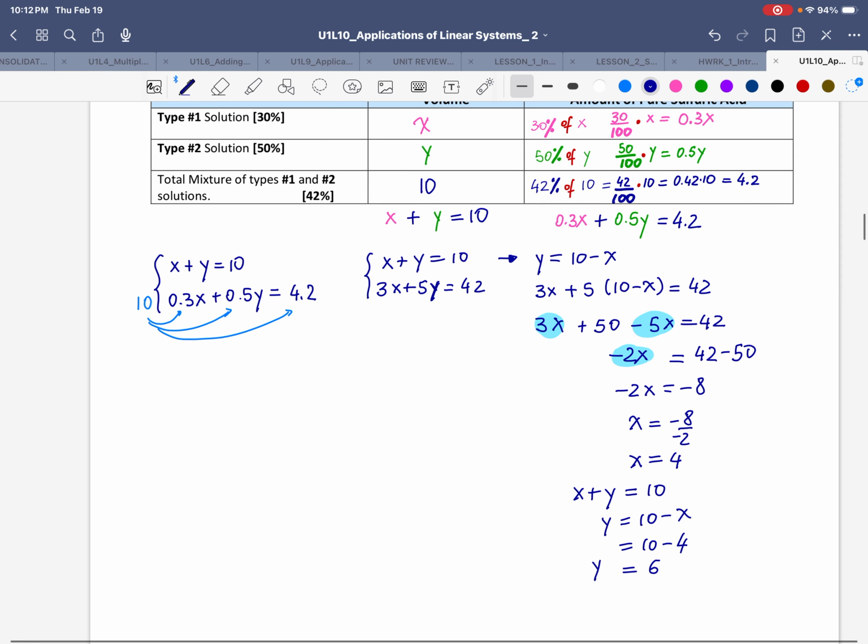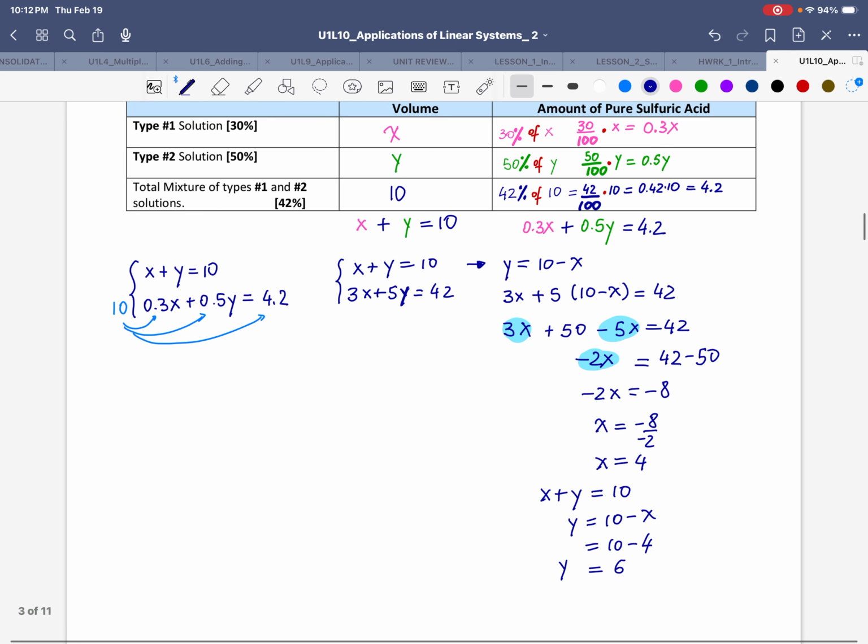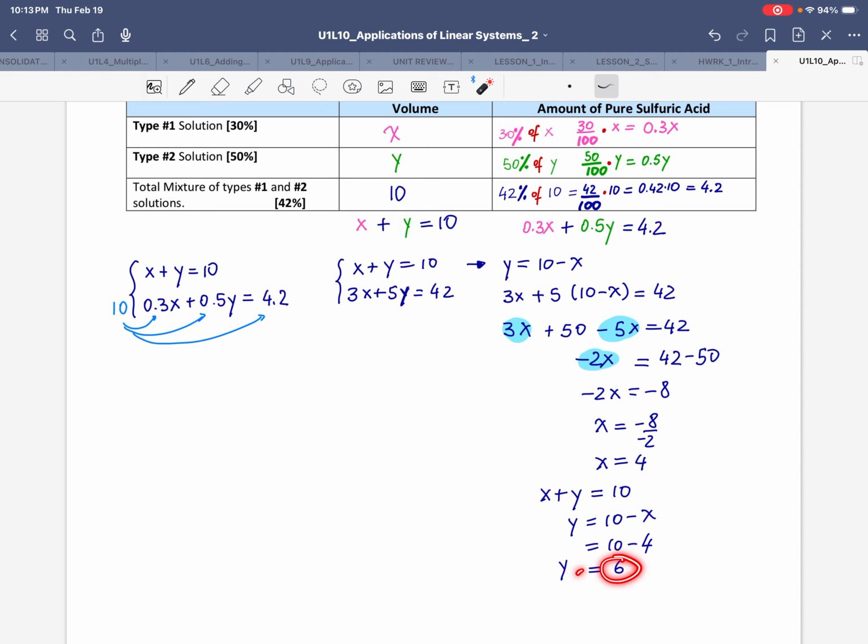Now recall that x is the volume of the 30% solution, and y is the volume of the 50% solution.